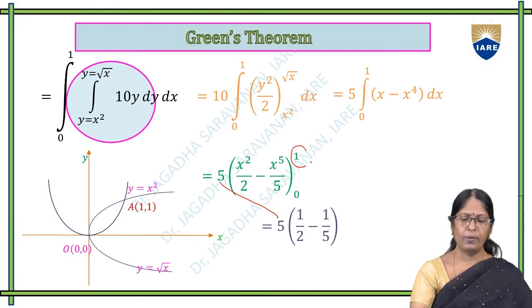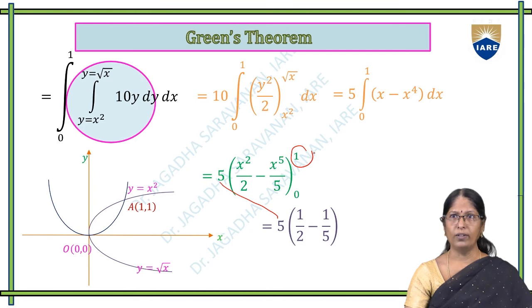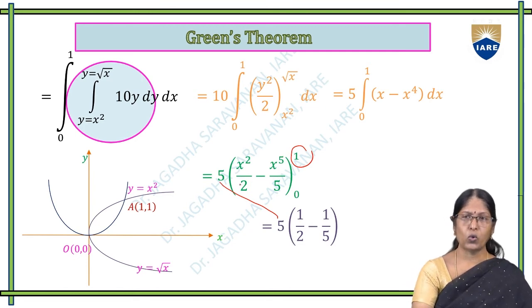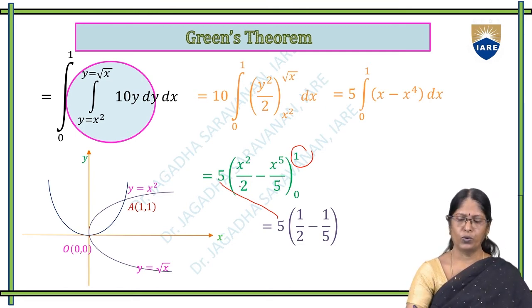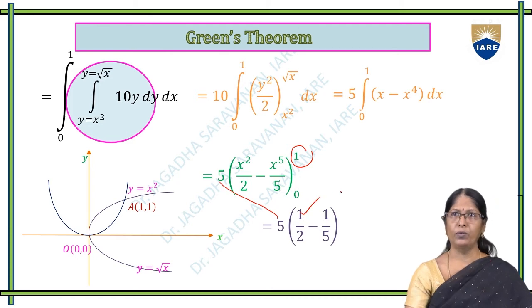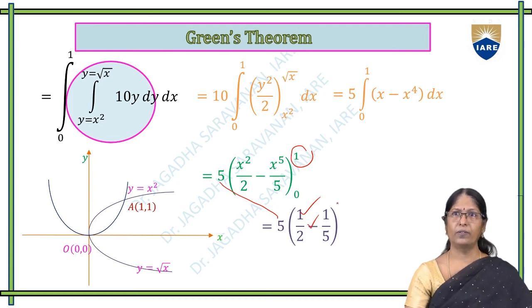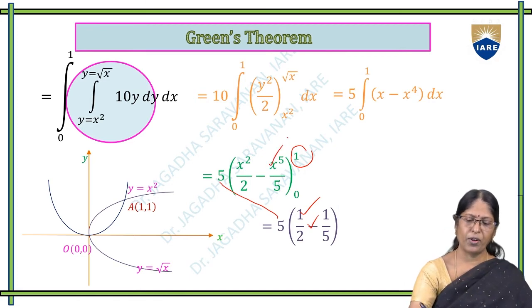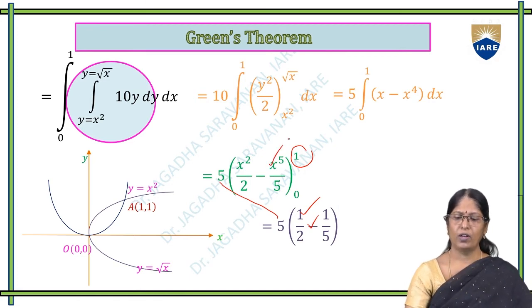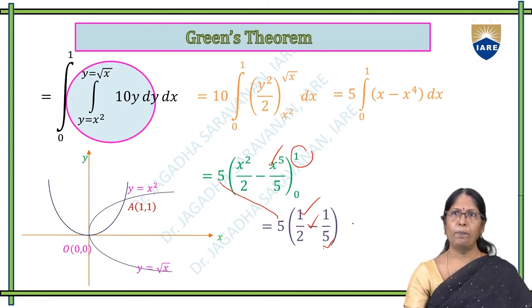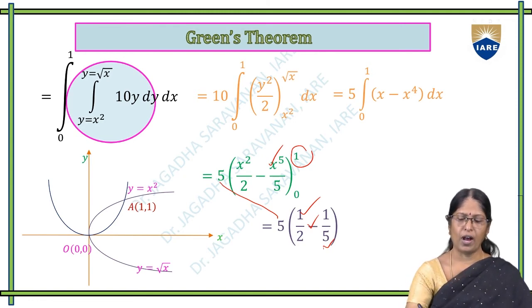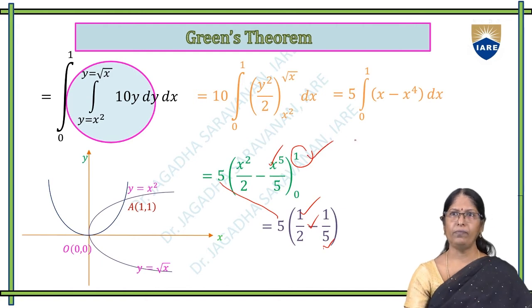The upper limit value is 1. So x square by 2 becomes 1 by 2. The minus sign is as it is. Here x is replaced by 1, so 1 by 5. So completely we finished the upper limit.